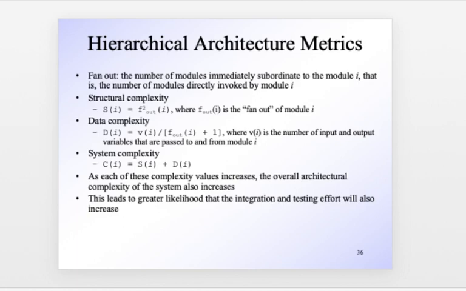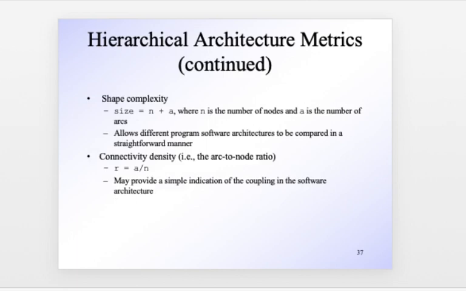So it very clearly says that as each of these complexity values increases, the overall architectural complexity also increases. Obviously, if this increases, then you need to put more effort into integration and testing, and that will also increase. You also have something called the shape complexity, where size equals n plus a, where n denotes the number of nodes and a denotes the number of arcs.